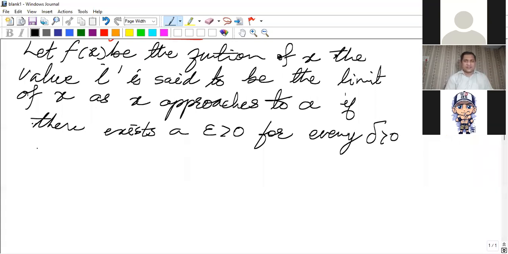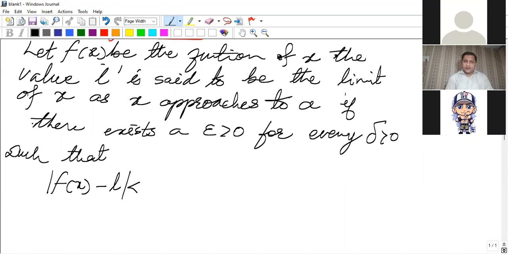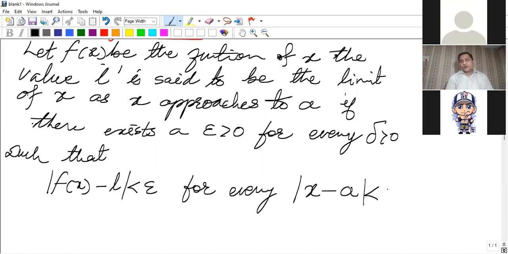Sir, what is that epsilon? Epsilon is a small number greater than 0. For every such number, this delta is also a small number greater than 0, such that if I consider the difference between f of x and L, the value of the function and L, it is always less than epsilon for every value of x when it is closer to a.